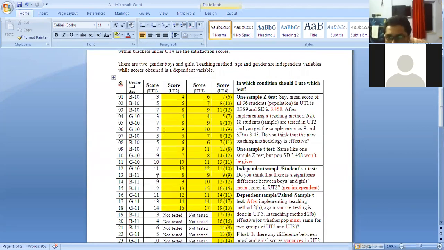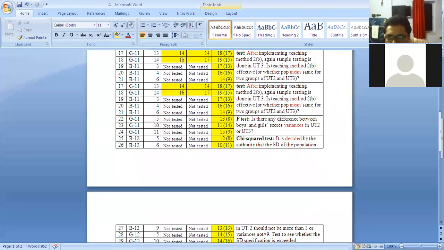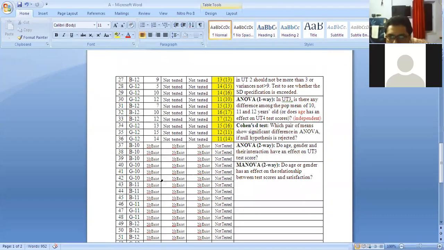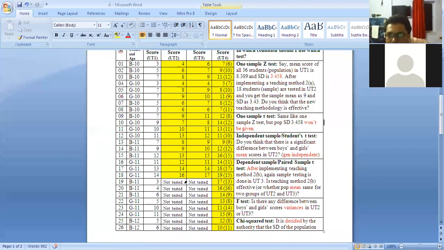Okay, I have previously told you the example of a refrigerator or freezer. There, in that particular case, the specifications are already given. Okay, so that kind of thing is also there here. Suppose in this case also the authority has fixed the specification that the standard deviation cannot be more than 3 or the variance cannot be more than 9.